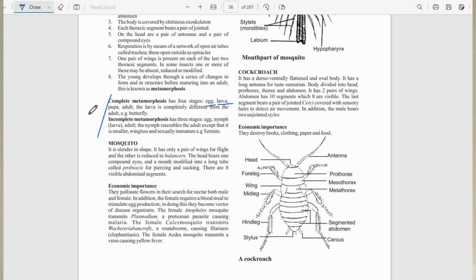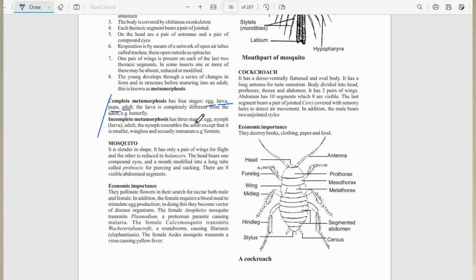You have the egg, the larva, the pupa, and then you have the adult. Now, the larva is completely different from the adults. For example, the butterfly undergoes the process of complete metamorphosis. And of course, metamorphosis refers to that series of developmental changes from the egg to the adult.